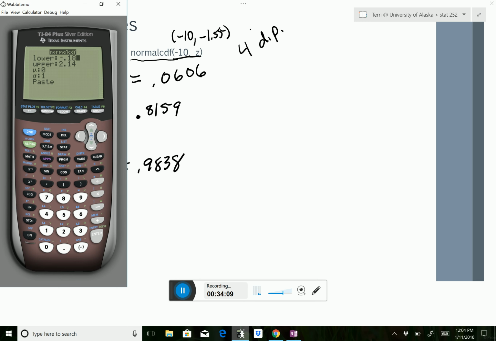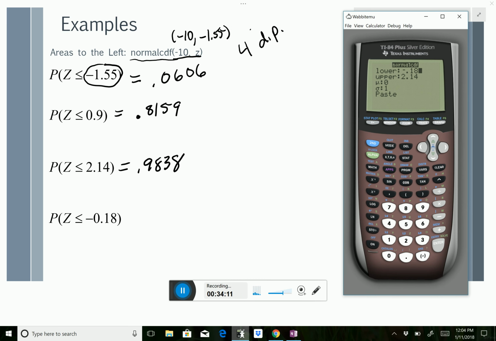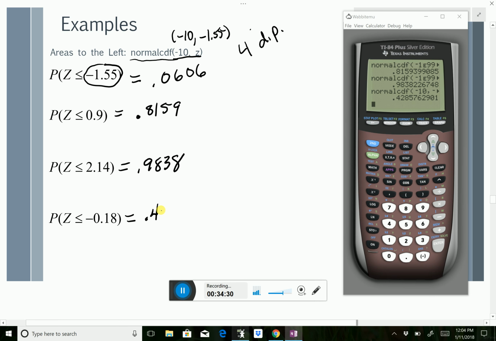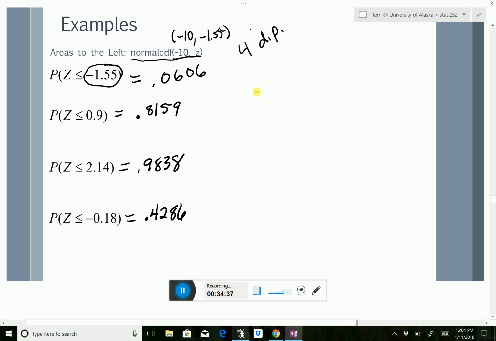Sometimes that likes to pop to the other side for no reason other than it just likes to do that. I messed that up, so I'll just plug in -0.18. Okay, and you should have 0.4286.